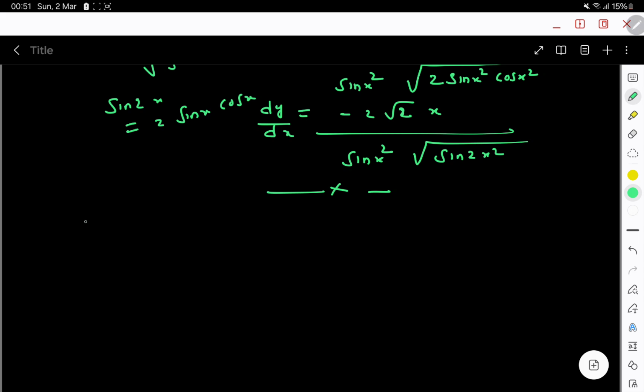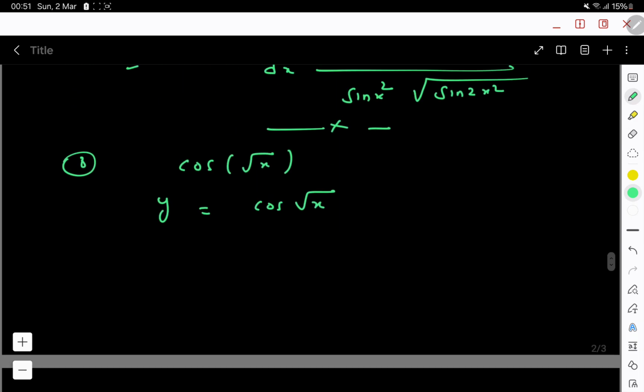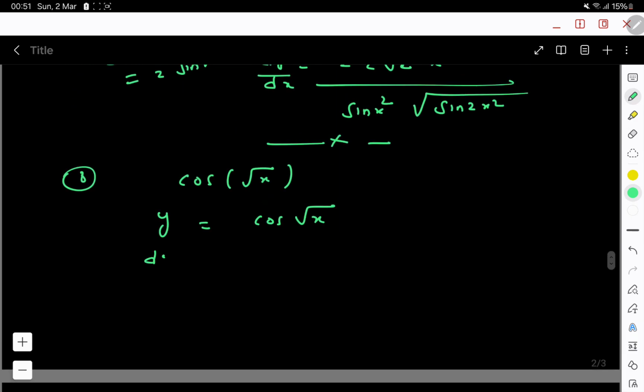That is the 8th problem. Cos of root x. So y is equal to cos under root of x. Okay, so dy by dx equals differentiate. Differentiation of cos is minus sine, so minus sine under root of x into d by dx of root of x.